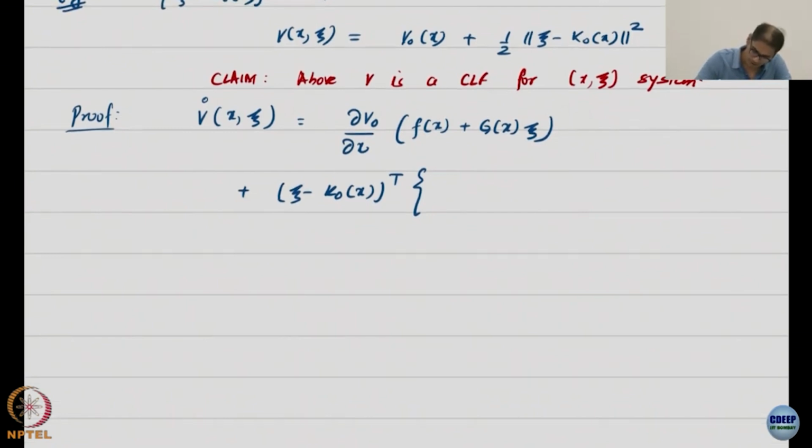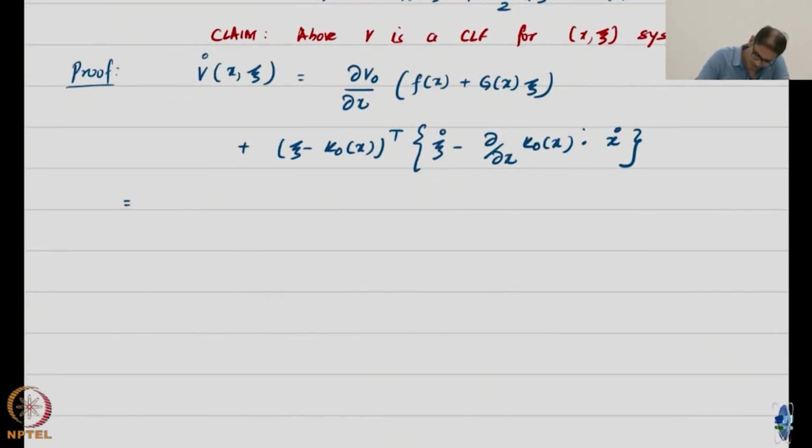So this is partial with respect to psi, and I am just going to write this as psi dot minus the derivative of k0, just like I take differentials. This is how we have defined V dot anyway.